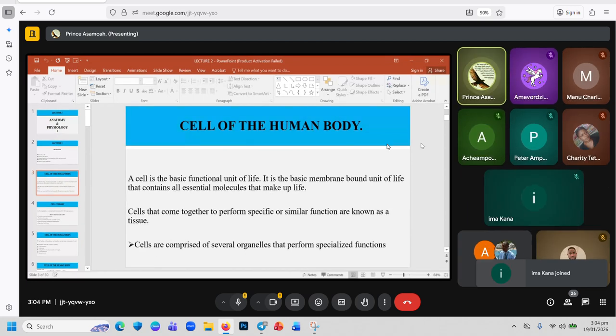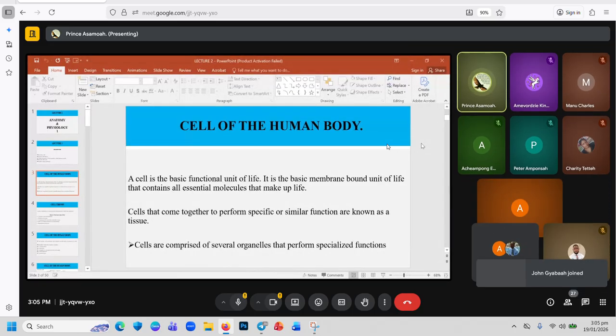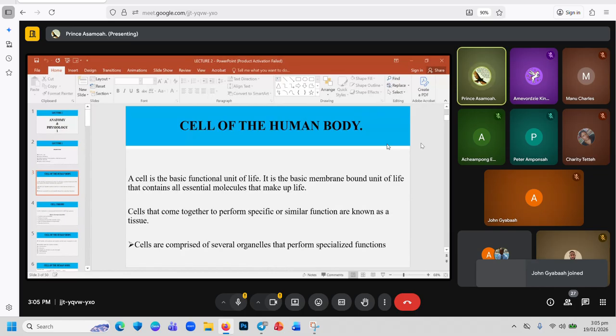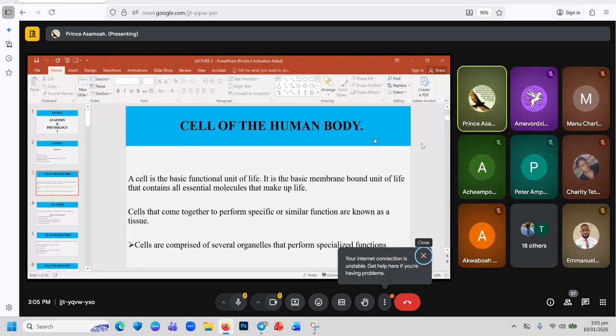Now, what is a cell? When we say a cell, what is a cell? We say a cell is the basic functional unit of life. Now, when we talk about life, all the characteristics, everything that we can say in describing life exists in its basic form as a cell, except non-living things.